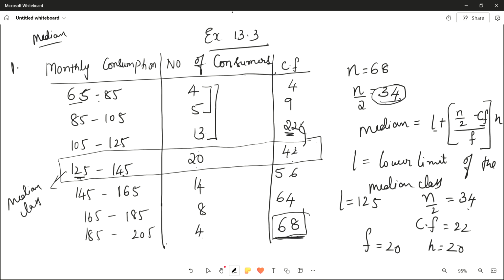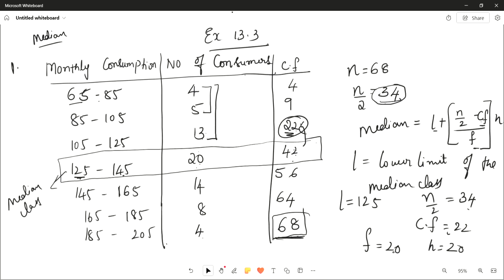If this is the median class, the preceding one is this, correct? So CF will be 22. And F indicates the frequency of the median class, so 20. And H indicates the size of the class interval, that is 20. So substitute the values.